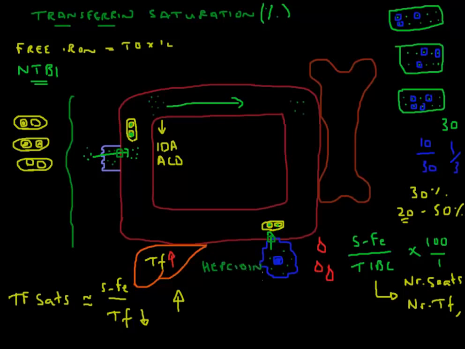And hepcidin basically inhibits the ferroportin, and iron cannot get into the bloodstream. So the serum iron will now decrease and not be available to microorganisms, and thus the transferrin saturation will also decrease because of the serum iron that is lower.